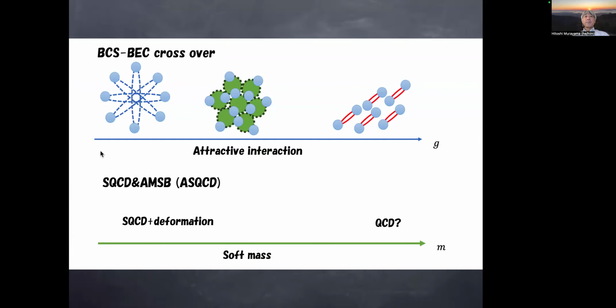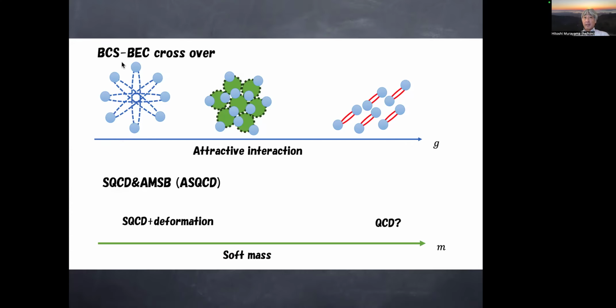When you have a system of free fermions, we know what the ground state is. That's a gas of degenerate fermions, the Fermi gas or Fermi liquid, and that ground state does not break any symmetry. But when you introduce a small attractive force among electrons, what we know from condensed matter physics is that the Cooper pairs of electrons would condense and break the U(1) symmetry.